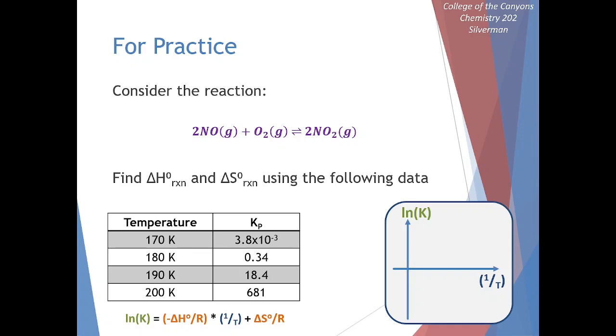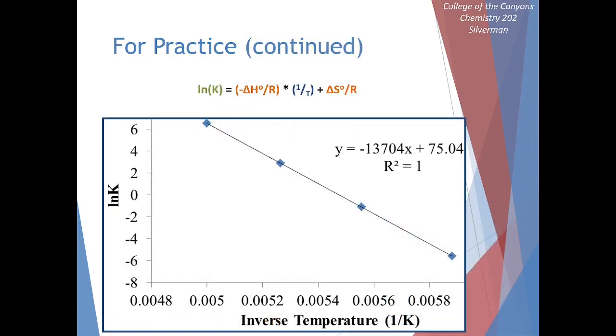All we need to do is graph natural log of the equilibrium constant as our y variable, 1 over temperature as our x variable. If we get this data into Excel or another graphing program, we can get a line of best fit. And it should be something like this. y is equal to negative 13704 times x plus 75.04.